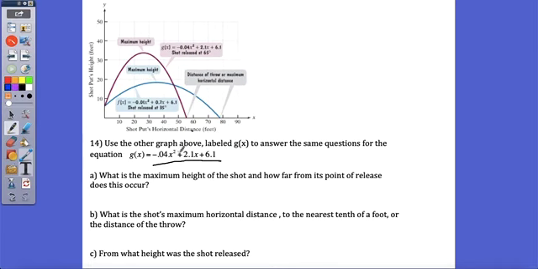Remember, when the parabola is in standard form like this, our vertex is located at negative b over 2a, and then f of negative b over 2a, which is a fancy way of describing that we take what we got for our x value and plug it in for the x's to get the y value. So let's do negative b over 2a. We're going to do negative 2.1 divided by 2a, that would be 2 times negative 0.04.